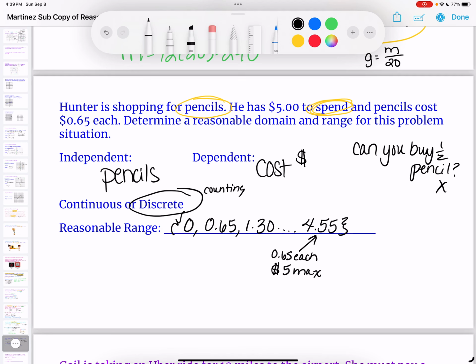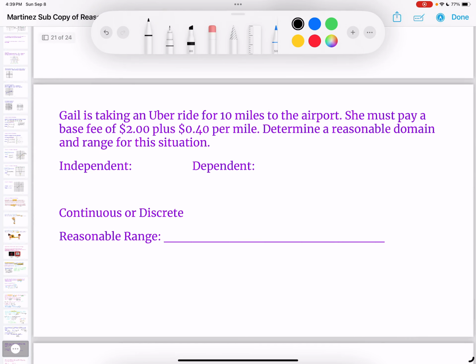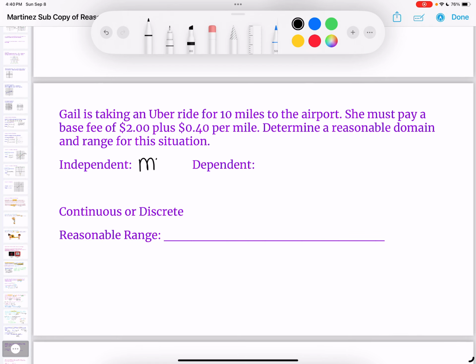Okay, Gail is taking an Uber ride for 10 miles to the airport. She must pay a base fee of $2 plus 40 cents a mile. Determine the reasonable domain and range. So input is miles, output is cost. The amount of money she spends is dependent on how many miles she goes.